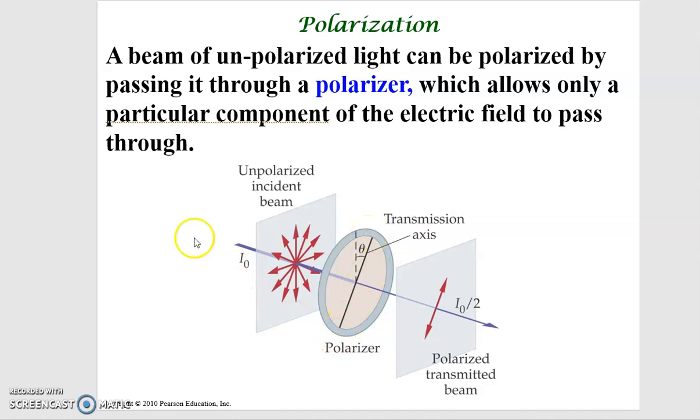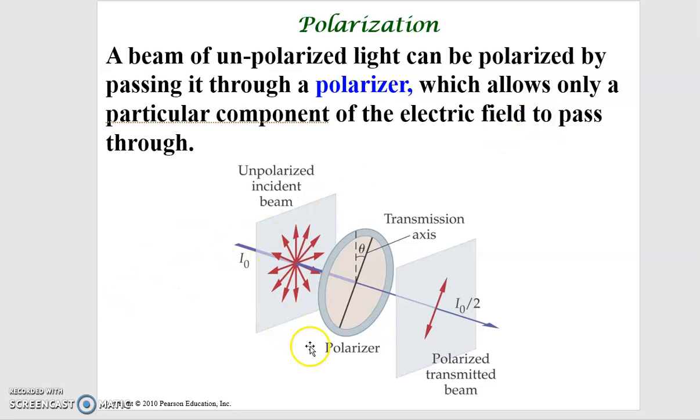It means that when the EM wave propagates and hits the polarizer, only the electric field in this direction can propagate through.